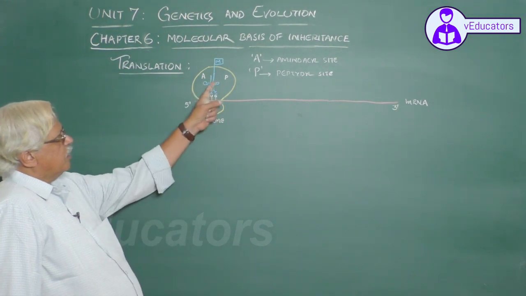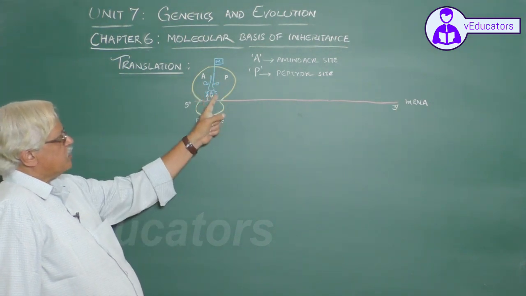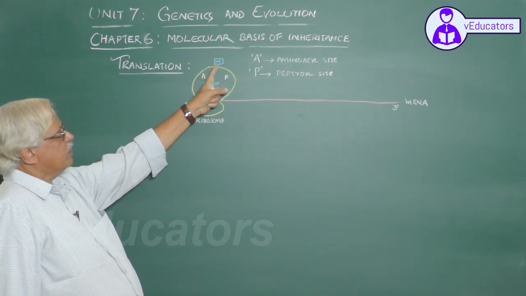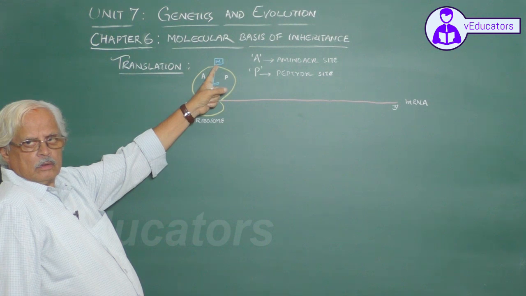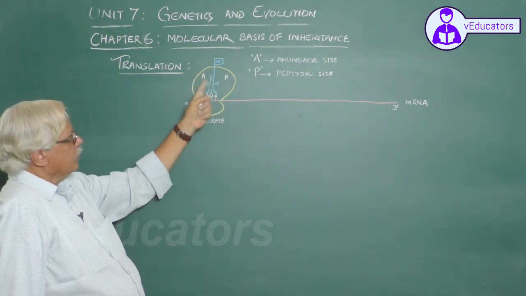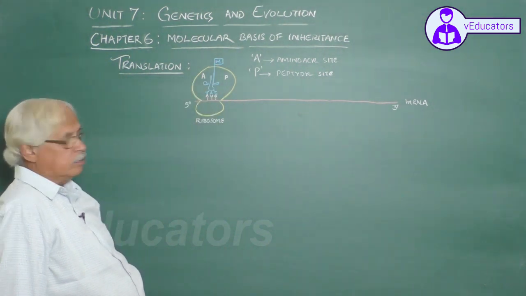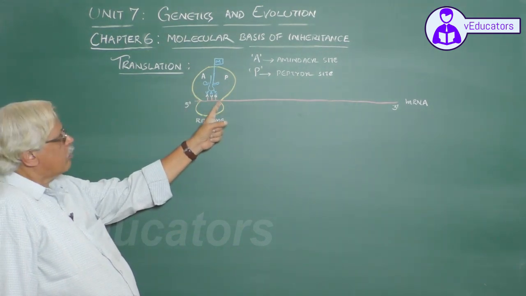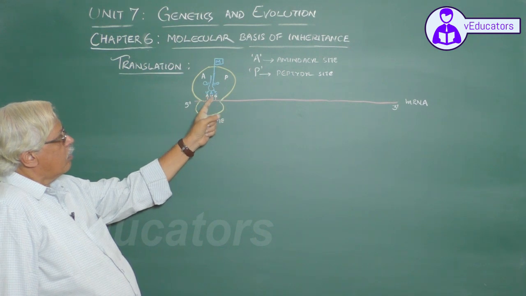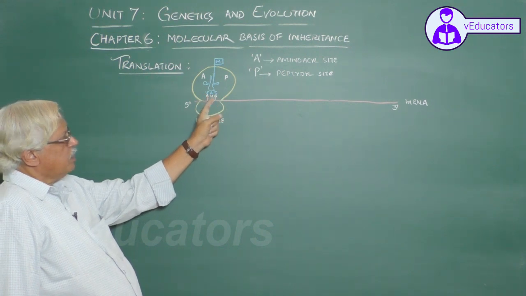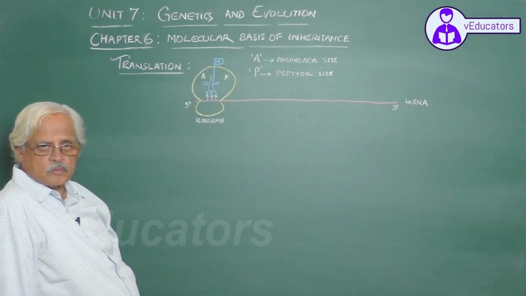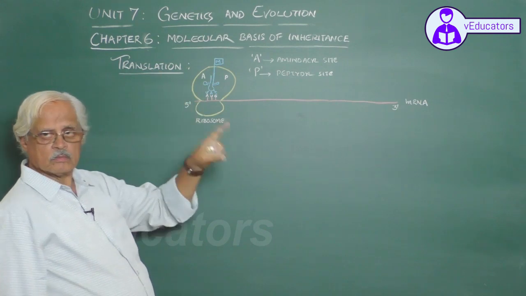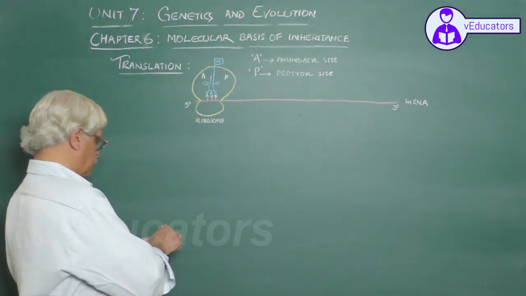So charged tRNA with UAC as the anticodon carrying the amino acid at the amino acid binding site, methionine, reaches the ribosome at the A site. UAC and AUG bind with each other. So the first amino acid has been brought to the site of protein synthesis.